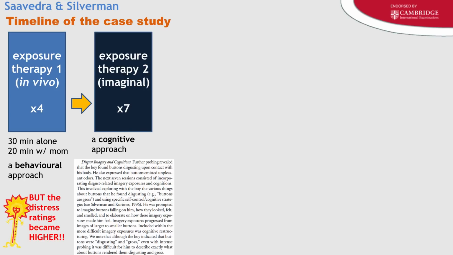They used a second type of exposure therapy, which is known as imaginal desensitization. So he would imagine things involving buttons rather than being exposed to real buttons.